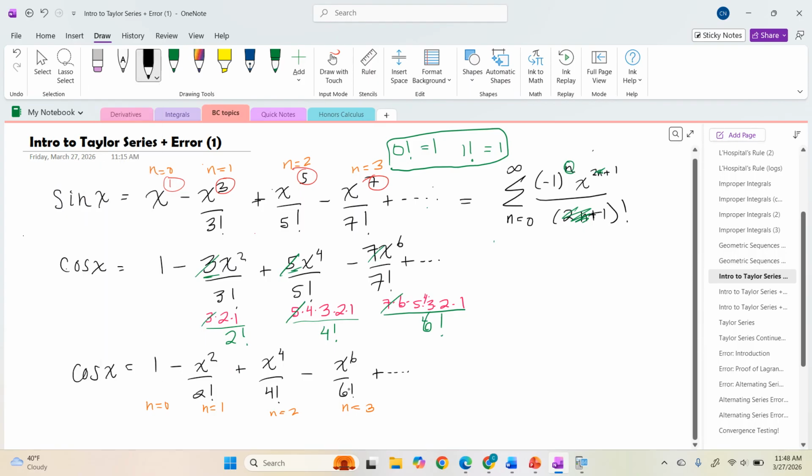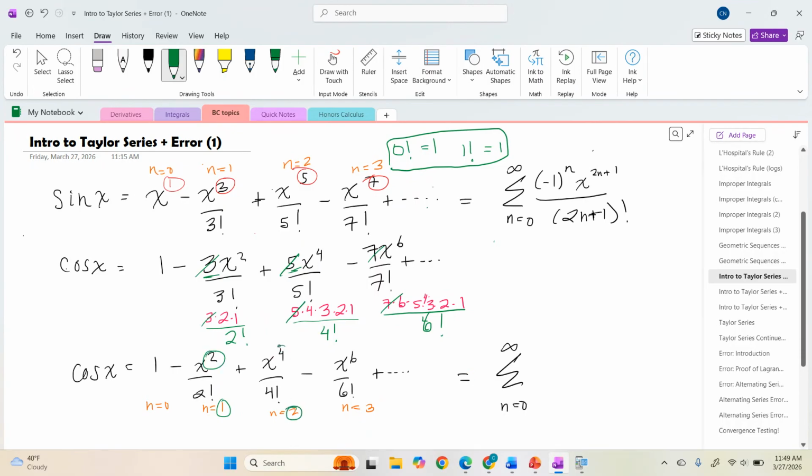And then let's go ahead and do cosine as well. I should probably get rid of that scribble here if I can. All right, jot that down for yourself. Okay, cosine. I'm going to do another summation, and I'm, again, going to write it starting at 0. So when n equals 1, my power is 2.